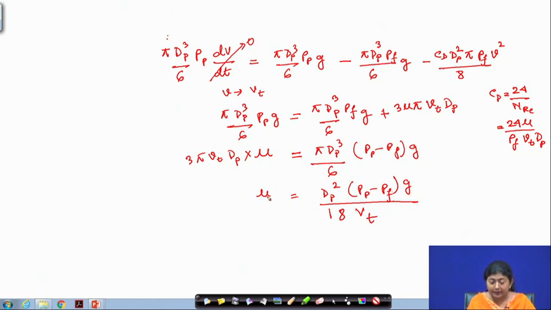So, here we can get the dynamic viscosity. That is how we can calculate the viscosity by the falling ball viscometer. We will continue in the next class. Thank you.